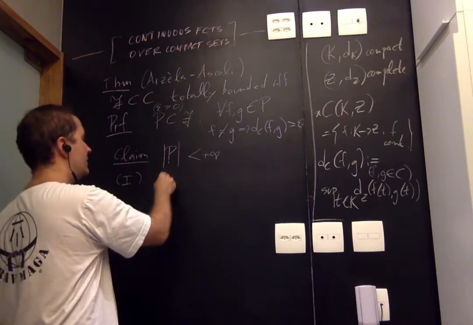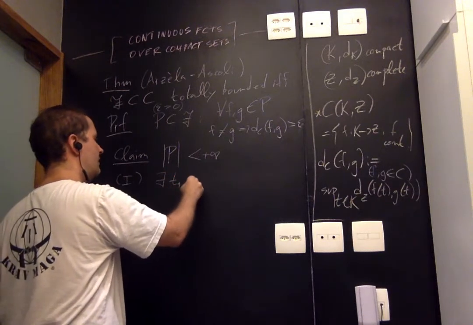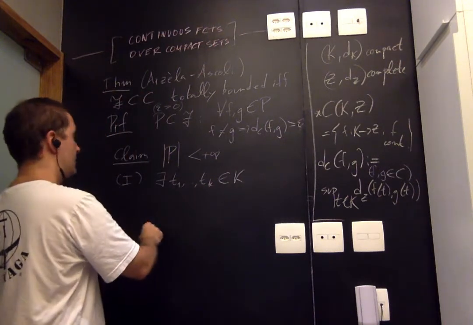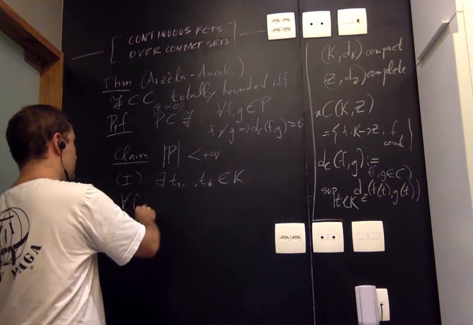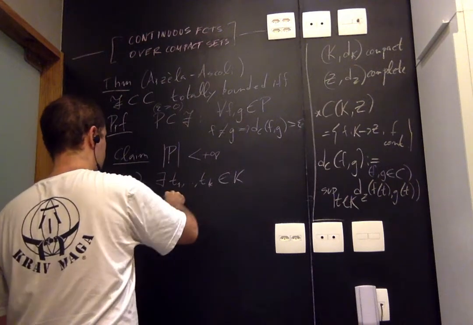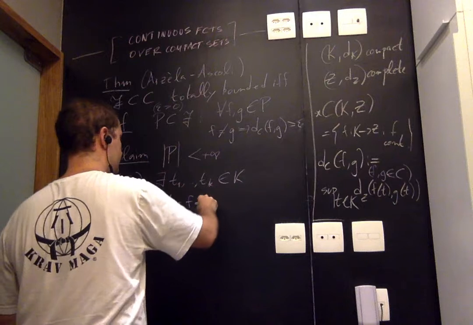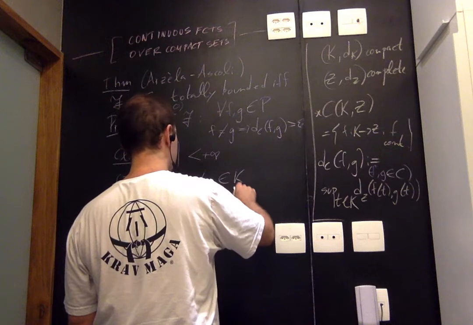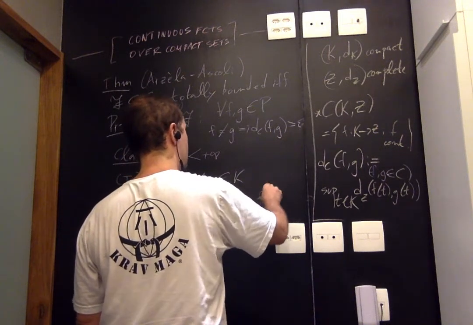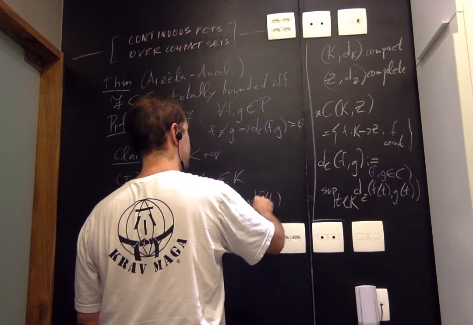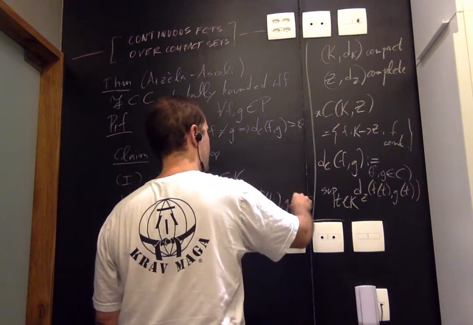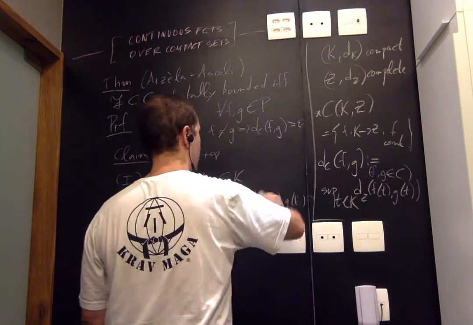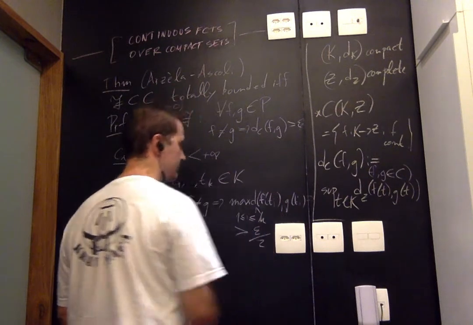I'm going to show that there exists a set of k points in K such that for all f and g in my family that are different, the maximum distance between f of t_i and g of t_i for i going from 1 to k is at least epsilon over 2.